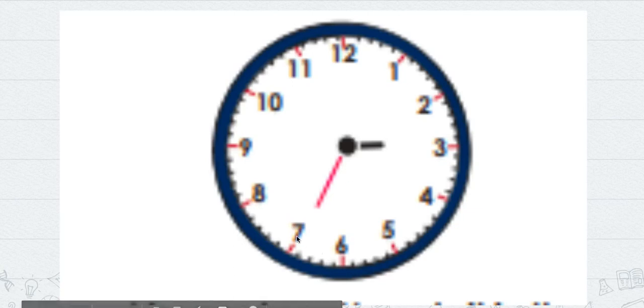How could that help us here? I'm thinking if you had 5 more from here, because if it was here 30, and 5 more would be 35. So I have my hour of 3, and then 5 more, or my minutes of 5 more than 30 is 35. So this clock is showing 3:35.